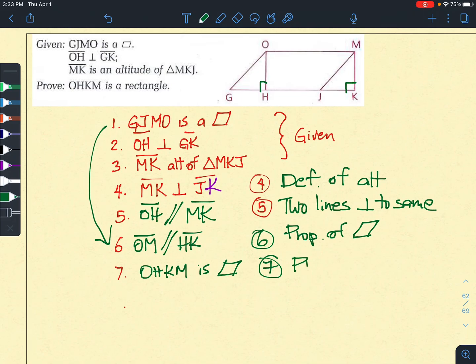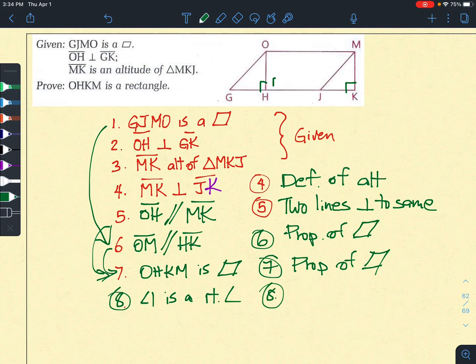And again, that would be by properties of parallelograms. Okay, we got two series of parallel lines, 5 and 6, they both support that. Line 8. Now I'm going to show this angle here is a right angle. So I'm going to give that a name. I'm going to call it angle 1. Angle 1 is a right angle.